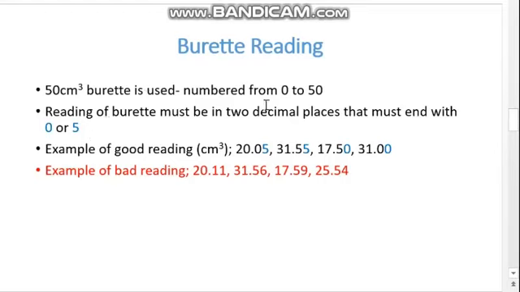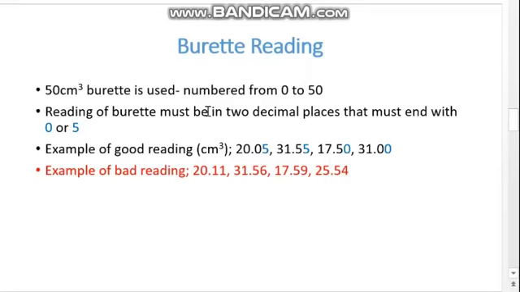As the burette is graduated from 0 to 50, being in 2 decimal places, we can now have 0.00 as the starting point.